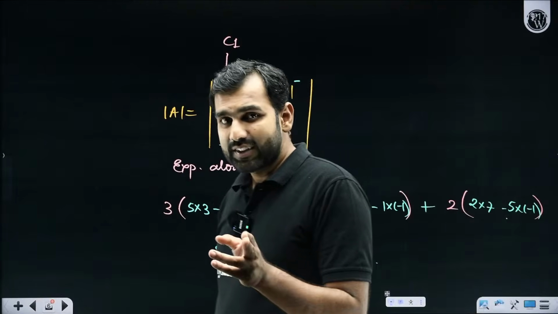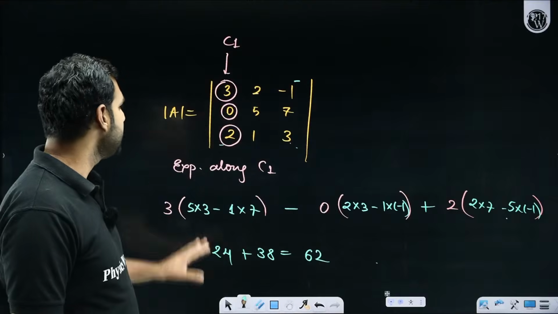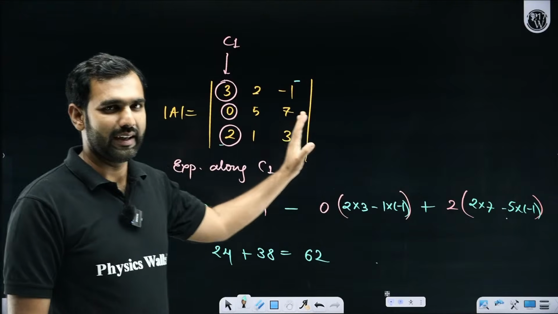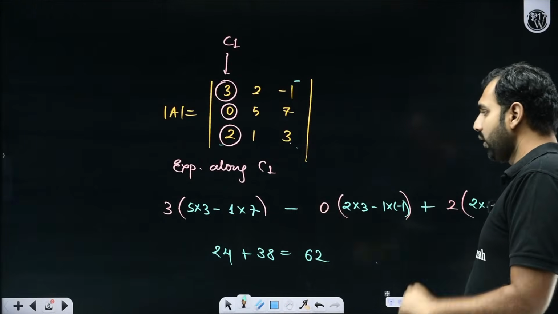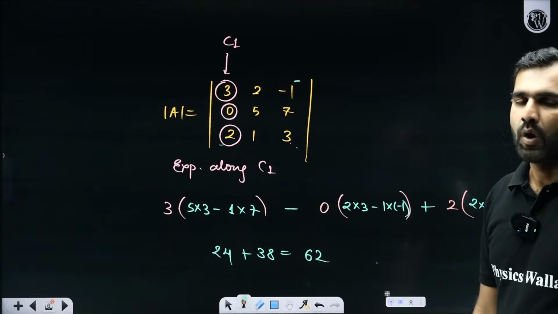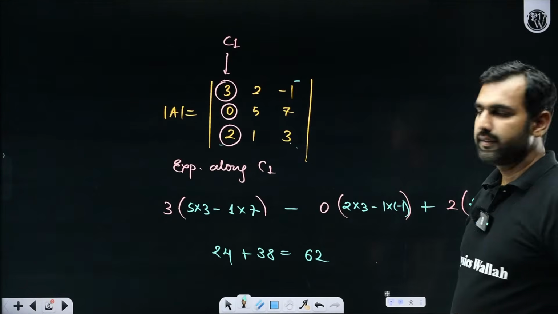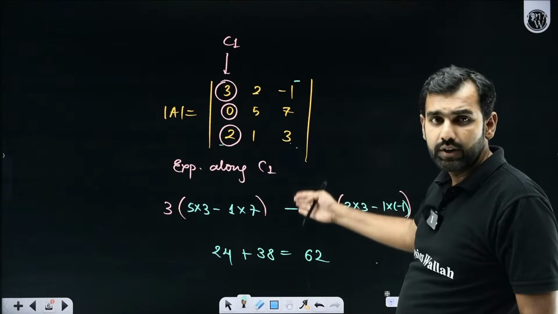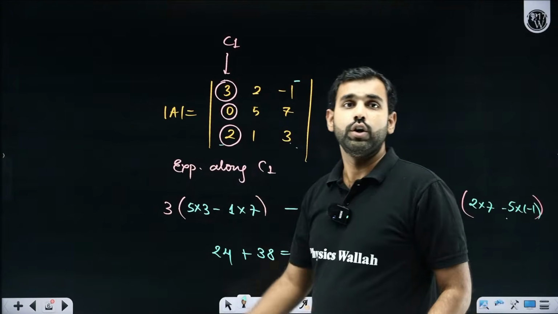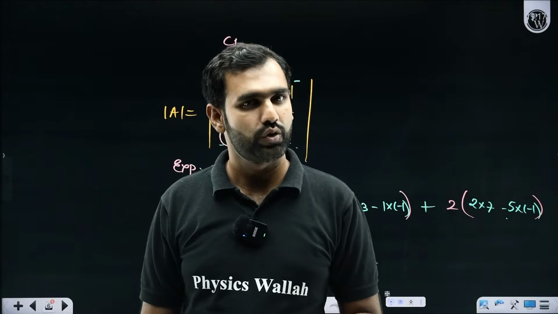Now, when I started expanding it, I told you in the very beginning of that discussion that you can expand this matrix A, which is a 3 by 3 matrix, along any row or any column. What did I mean by that? I simply meant that if you are expanding it with respect to the second column or third column or third row, you will always get the same value. Trust me.